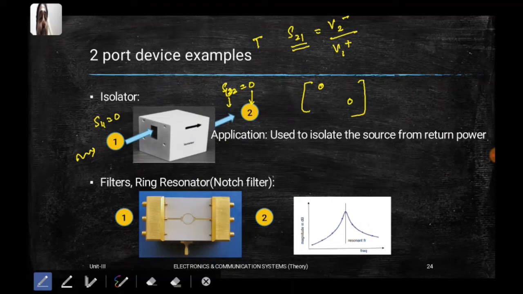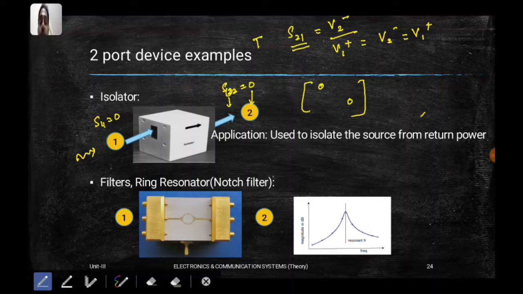In that case, we can write it in terms of the S matrix, meaning in terms of voltage. Whatever voltage is output should be equal to the incident voltage, how much voltage I am sending.